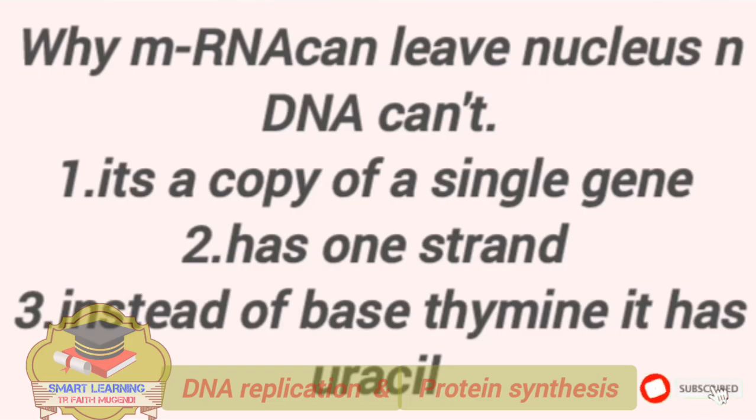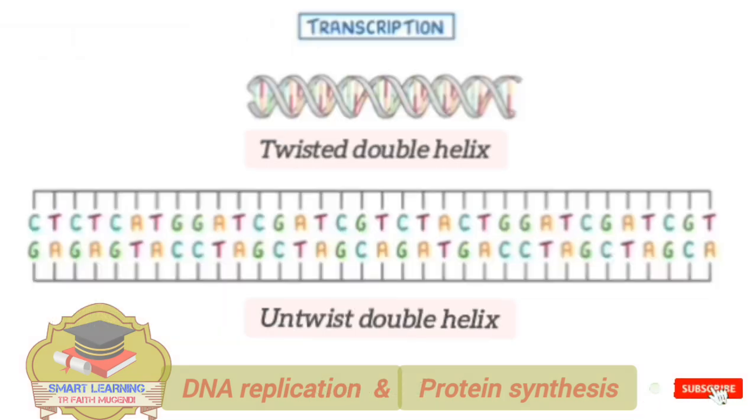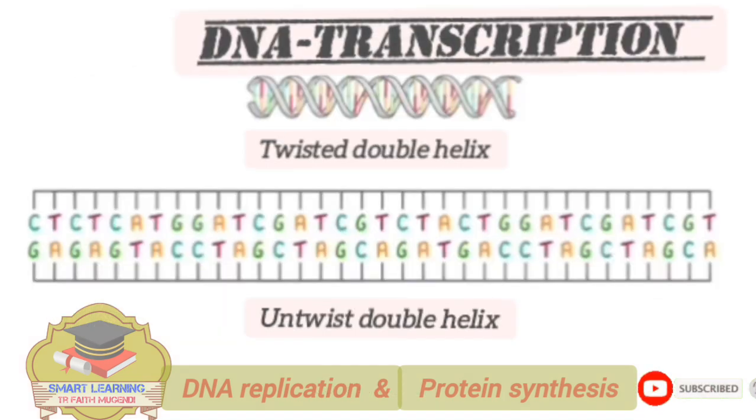Two, it's a single strand and not a double strand like DNA. Lastly, instead of containing the base thymine, it contains the base uracil. This is how messenger RNA is formed.